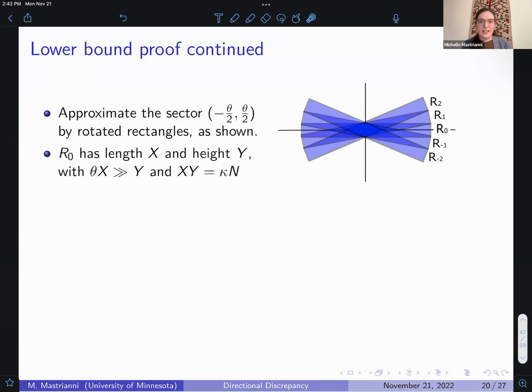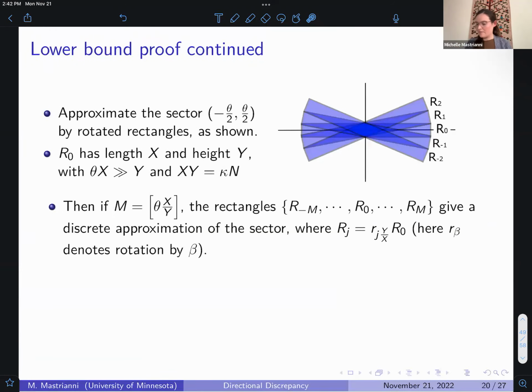Each rectangle has dimensions x, y, so length x, height y, and the area has to be roughly of the order n. Yeah, so we're going to approximate with m rotated rectangles, where m is of the order theta times x over y.